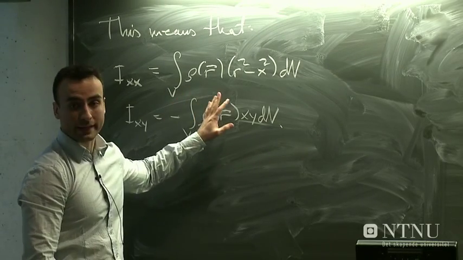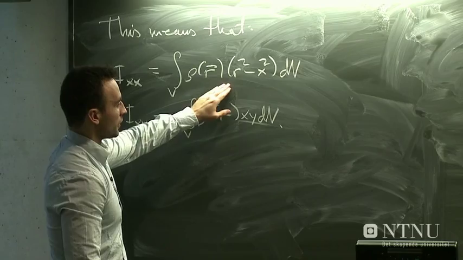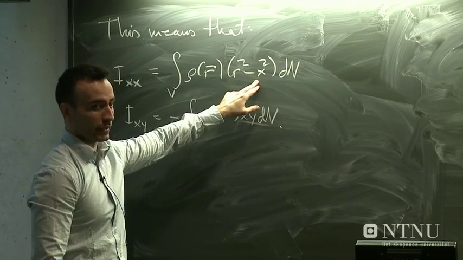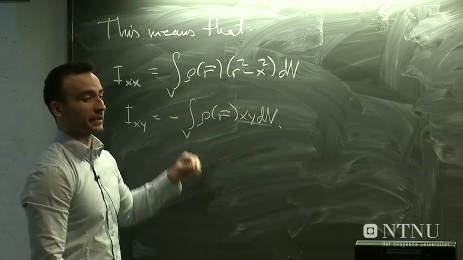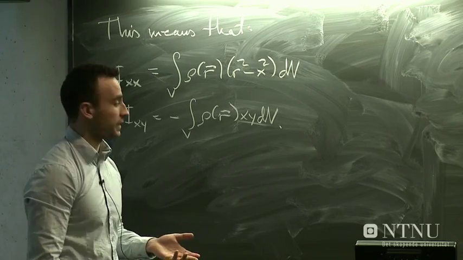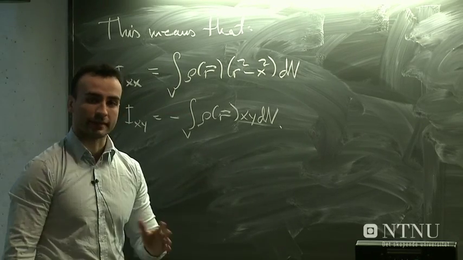So you can think of this as a weighted integral over this quantity, r squared minus x squared, by this weight factor, namely the density, the mass density of the object. You integrate over the entire volume.